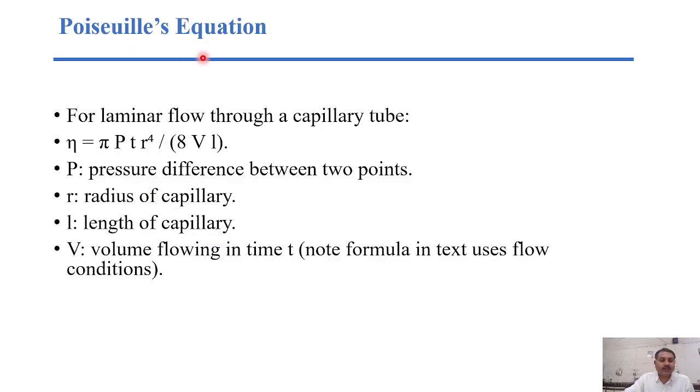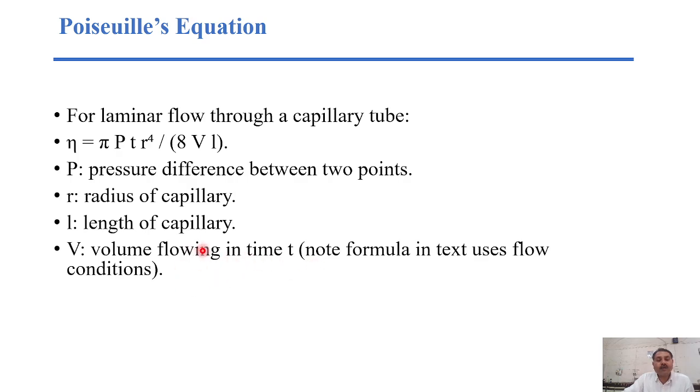Then what is Poiseuille's equation? Poiseuille is a scientist, and he has given an equation to determine the absolute value of viscosity of a liquid. So eta is equal to pi P t r raised to 4 upon 8 V l. In this equation, P is the pressure difference between two points or two bulbs of a viscometer. r is the radius of the capillary expressed in centimeter. l is the length of the capillary expressed in centimeter, and V is the volume in time t.